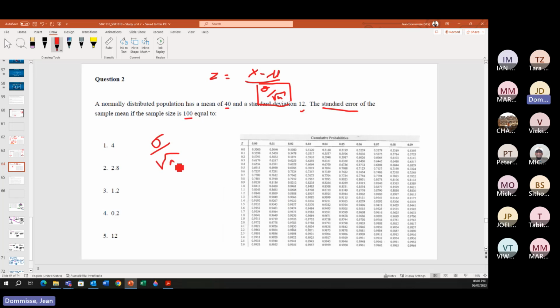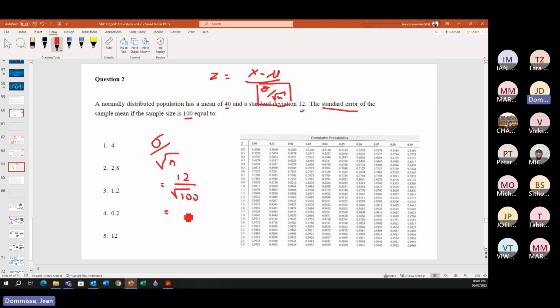The standard error is only the standard deviation divided by the square root of n. The standard deviation is 12, and your n is 100, so the square root is 10.